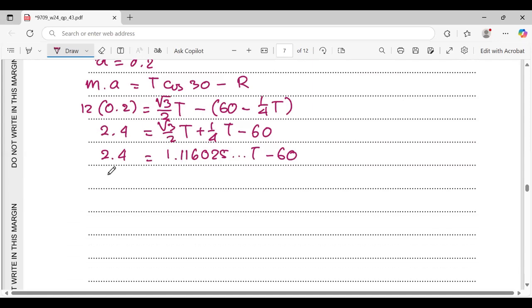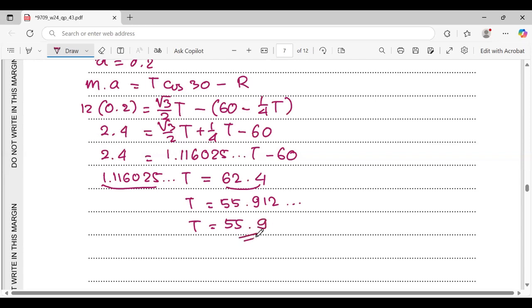So it becomes 1.116025 and so on t equals 60 plus 2.4, 62.4. So t equals this number divided by this number. And the result is 55.912. So t rounded off becomes 55.9. So this is the result.